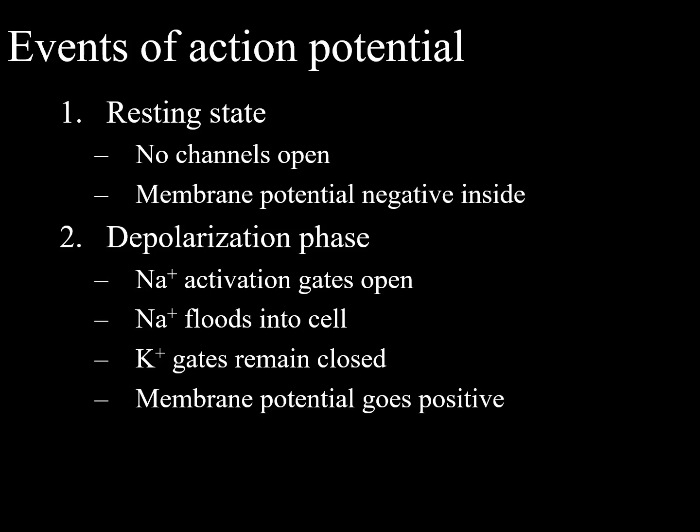There are also specific gated channels that will only let potassium ions through, and there's a high concentration of potassium inside the neuron, but those channels stay closed. So positive sodium is flooding in, there's already some positive potassium in there, and because of all those positive charges flooding in, the neuron, which when it's resting is negative, now goes to a positive membrane potential inside.